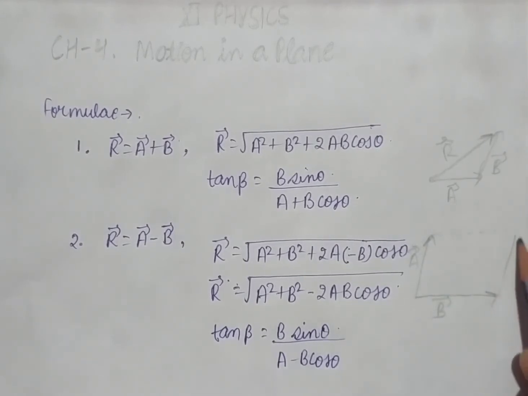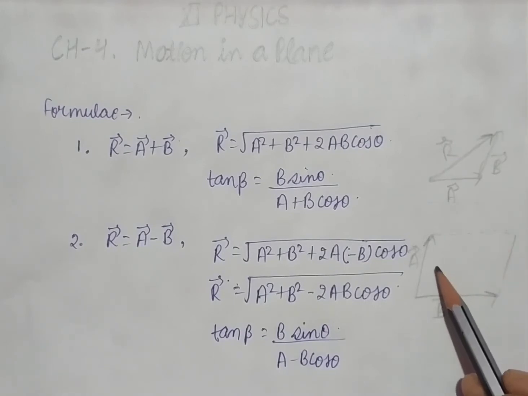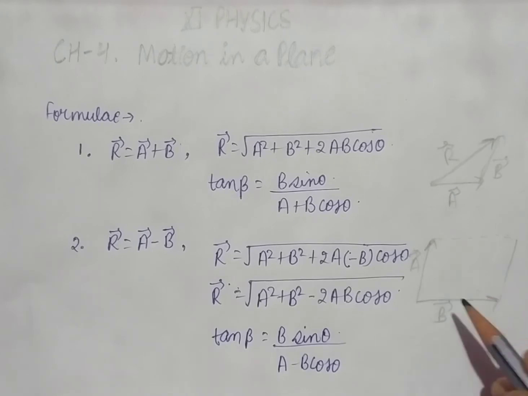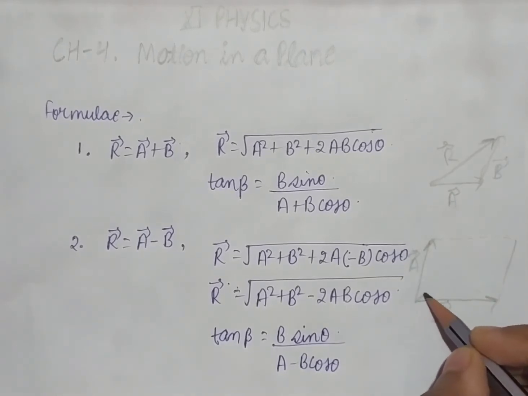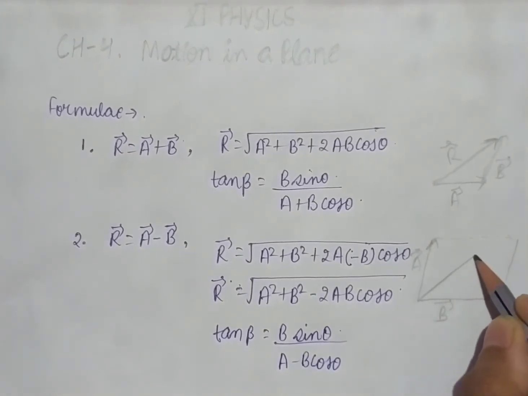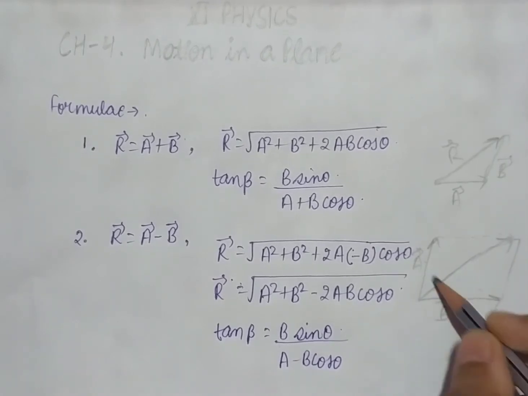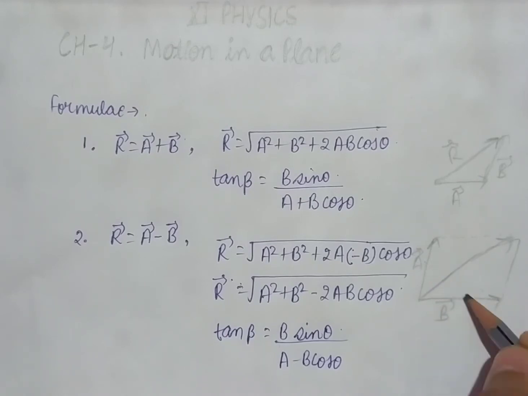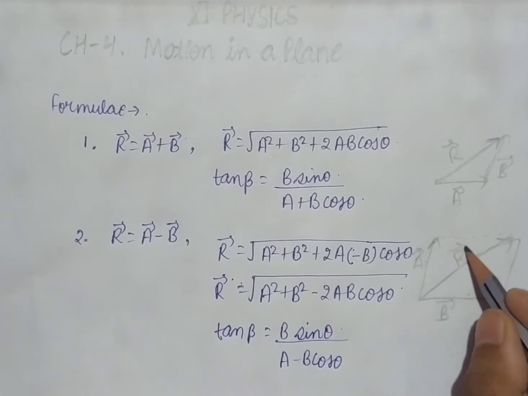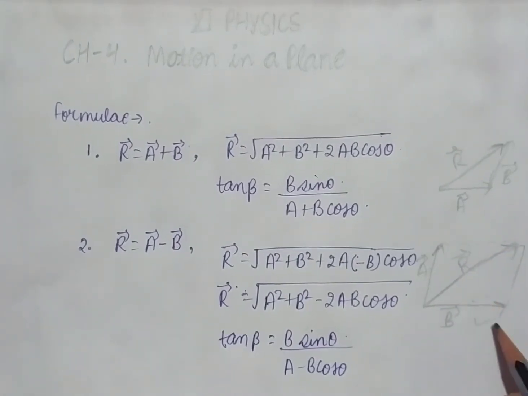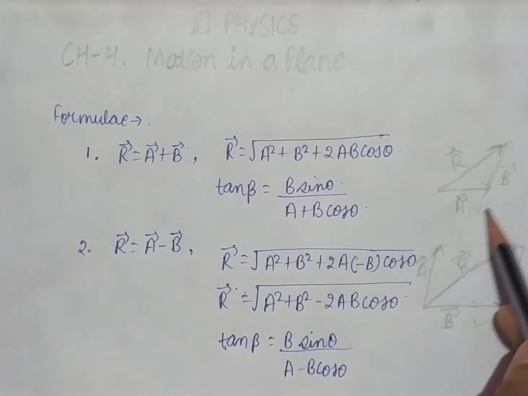Now how will we find the resultant of these two vectors? It can be found by the third side, that is the diagonal. The diagonal of this parallelogram will represent the resultant of these two vectors. So this is the triangle law and this is the parallelogram law that we have also discussed in the previous videos.